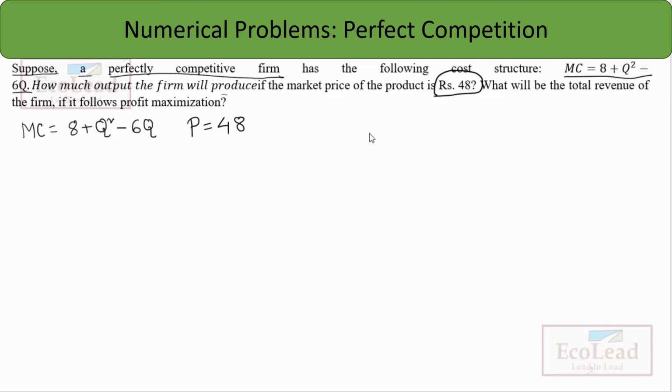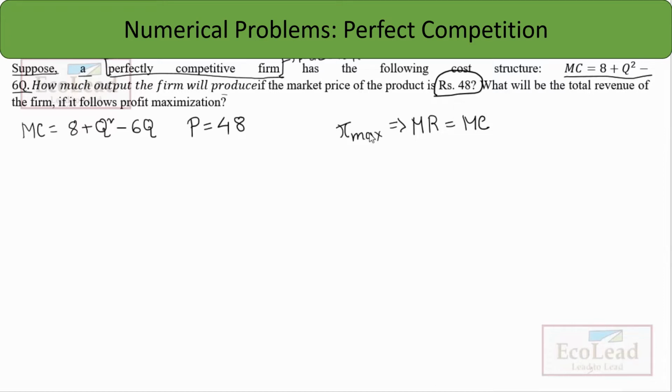When we studied the theory of the perfectly competitive firm, we studied that the profit maximizing condition for the perfectly competitive firm is MR equal to MC. So marginal revenue must be equal to the marginal cost. Since it is a perfectly competitive firm, the firm is basically a price taker.